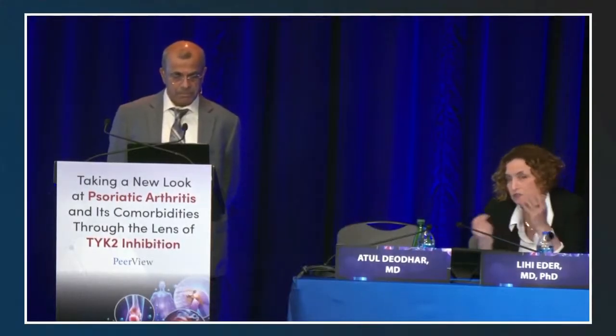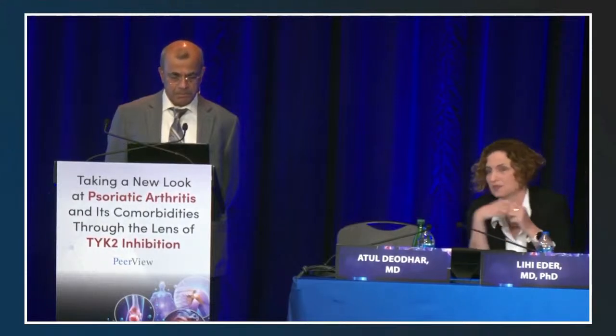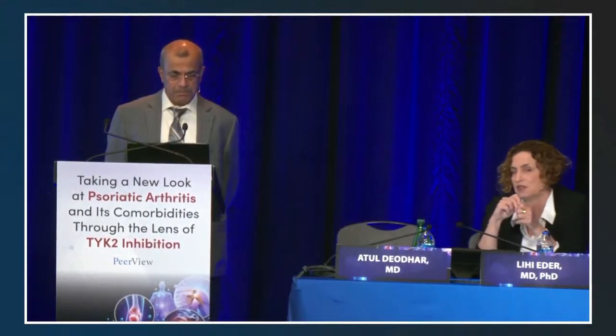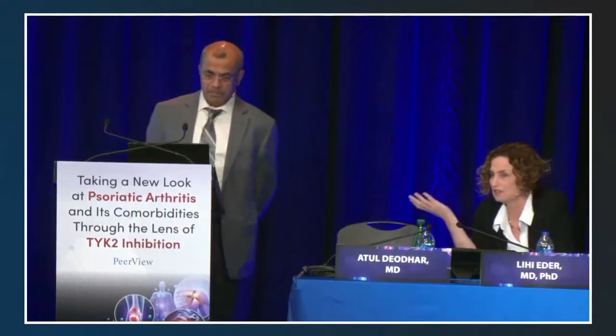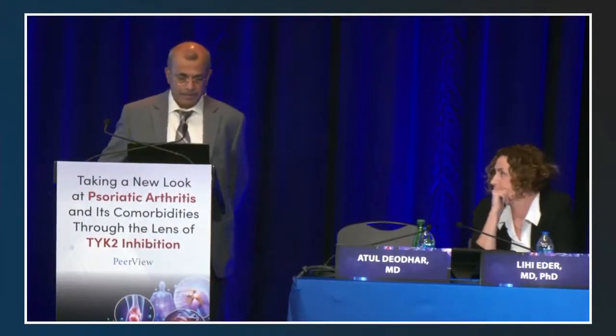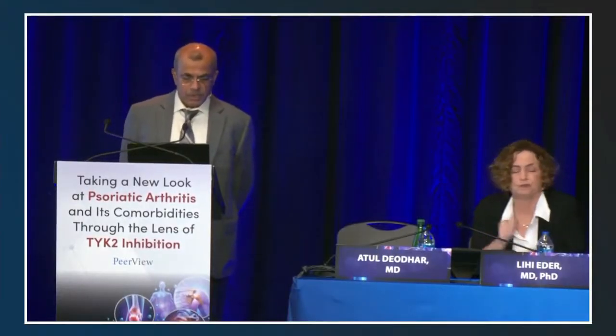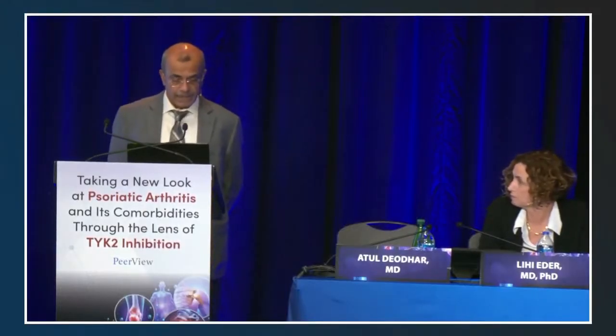That may be less of a concern. Yes, we need to discuss it, but ultimately the absolute risk of developing a heart attack in a 20-year-old female with no cardiovascular risk is very similar to that of adalimumab, which is close to 0. Yeah.